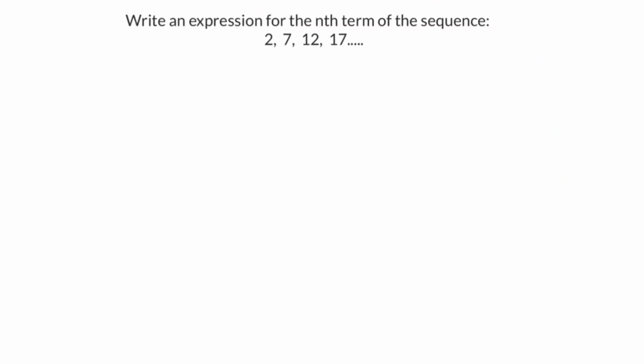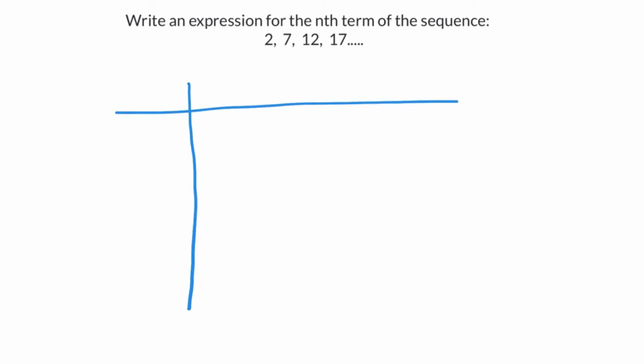This next question says write an expression for the nth term of the sequence 2, 7, 12, 17. So the first thing to note is that it's the same difference between each of these numbers, so it must be a linear sequence. So we're going to draw out our table. Our first column is going to be the term numbers.